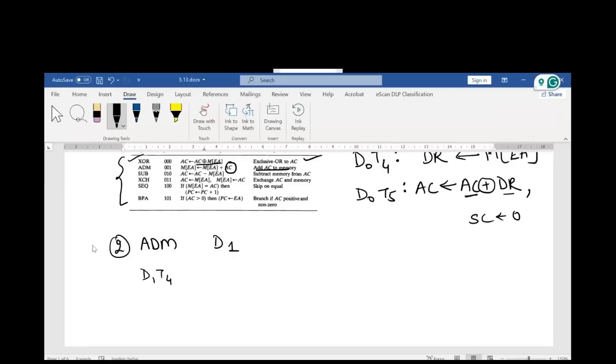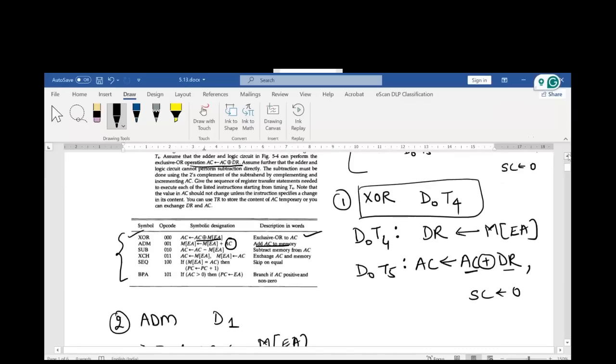D1 T4. Now, we know that again, you cannot carry out any addition, subtraction, XOR operation directly on memory. So what we'll have to do is first bring the memory operand specified by the effective address to DR. I also forgot to tell you one important thing.